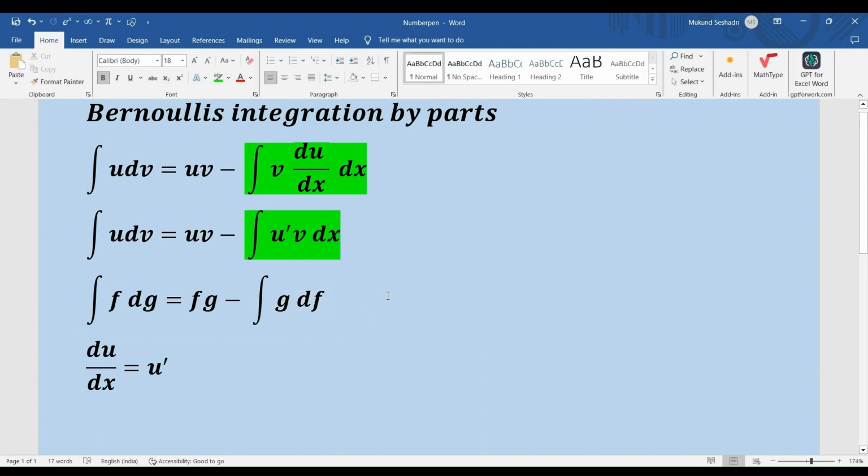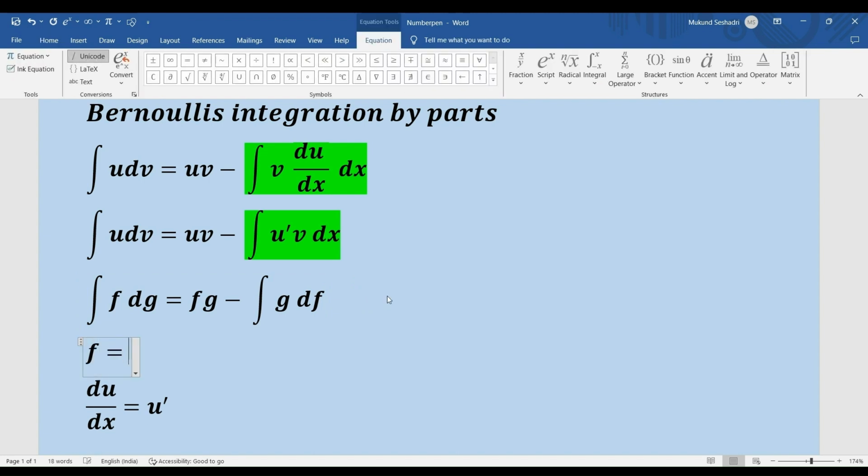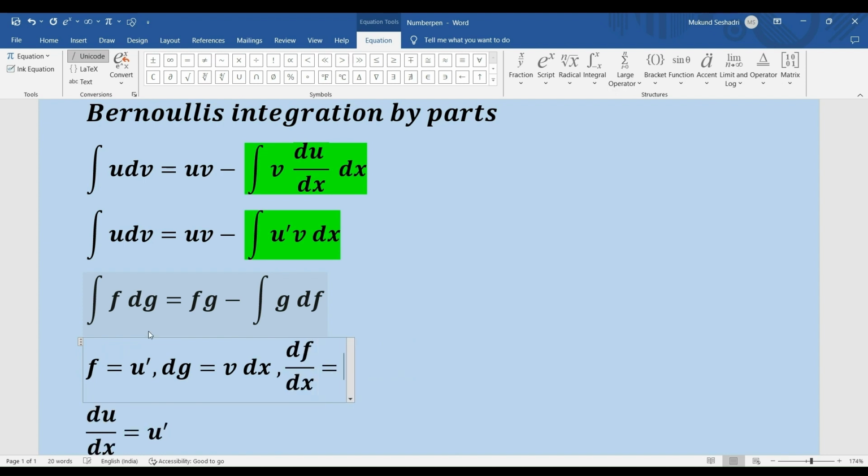So what is my f? My f is nothing but u dashed. And what is my dg? My dg is nothing but v dx. I have my f, I have my dg, I need my df. I know my df by dx equals d by dx of u dashed, which means it is u double dashed. I hope you folks are with me. Which means my df equals u double dash times dx.